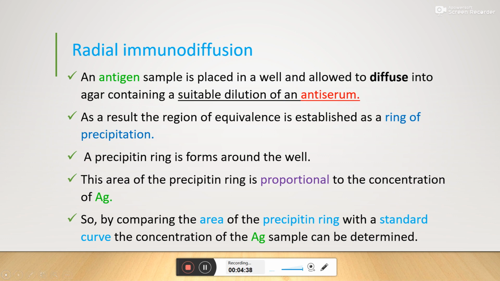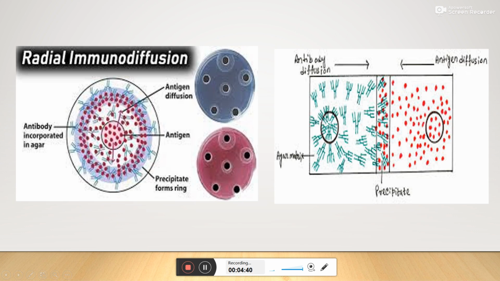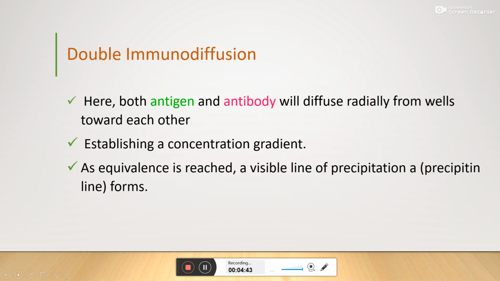The next method is double immunodiffusion. Here both antigen and antibodies are added in wells of the agar and allowed to diffuse.